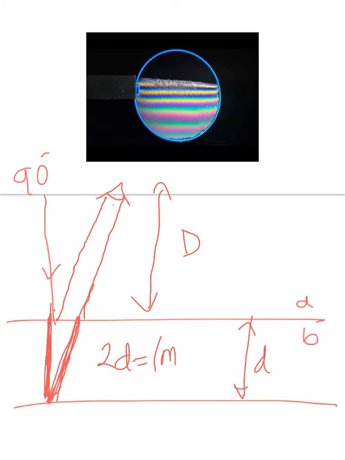We're going to call that m, plus a half, times lambda. Now the half, remember, is because of the phase change as it hits that boundary. Now when these conditions are met, you get constructive interference at the eye.